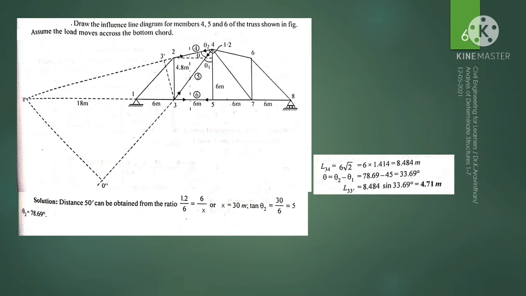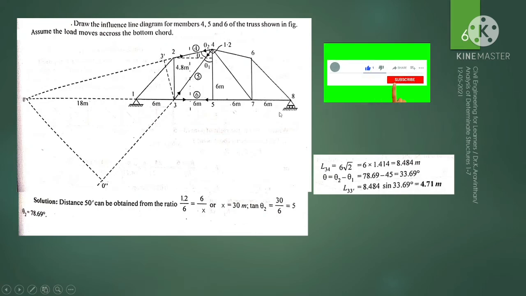And finally the distance between 3 and 3. Why we are making this much process is to find the distance L33, that is the 3, 3 distance. You have an angle for this member with respect to horizontal. This is the load, and you need a perpendicular distance. This is not perpendicular to the load, so for that you need this perpendicular distance. In order to find this, let us take this as a right angle triangle.